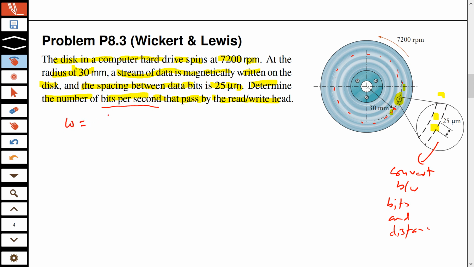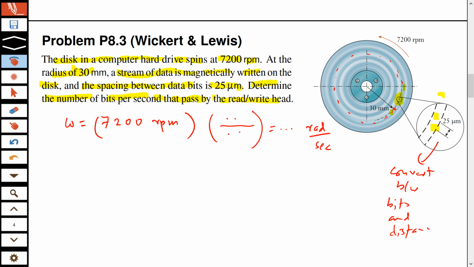The angular velocity is 7200 RPM, and you will multiply this with something so that the result is in radian per second. And that something, you have to get rid of the revolution, you have to get rid of the minutes. That is something we have been doing many times.